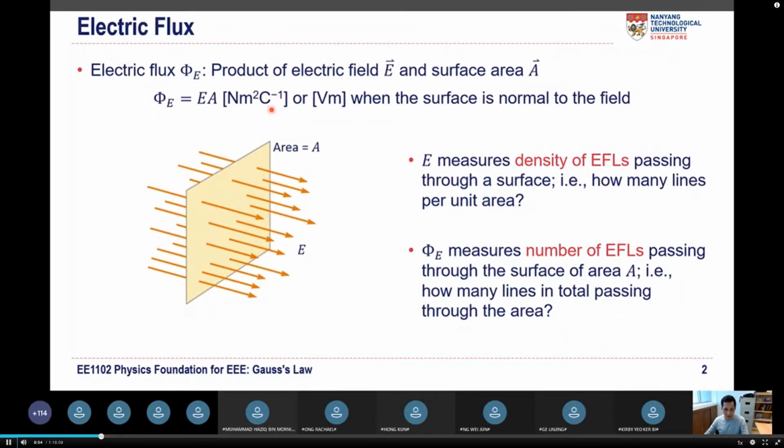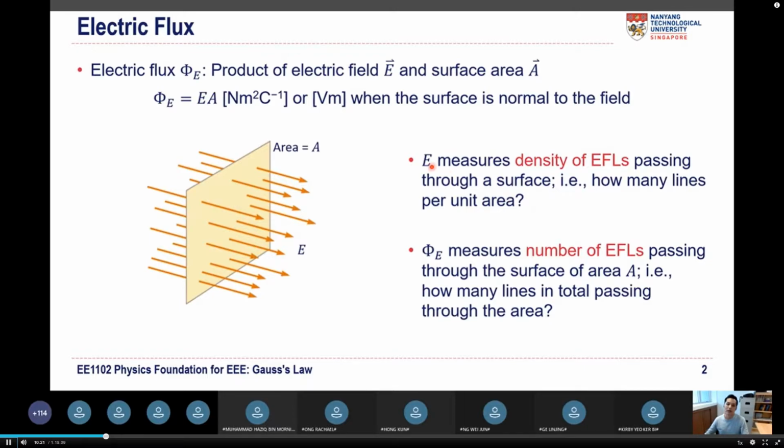Newtons per coulomb is also equivalent to volts per meter, and multiplying by meter squared gives us volt meters. These two are equivalent, and they represent the SI unit for the electric flux. Here we use the capital phi.